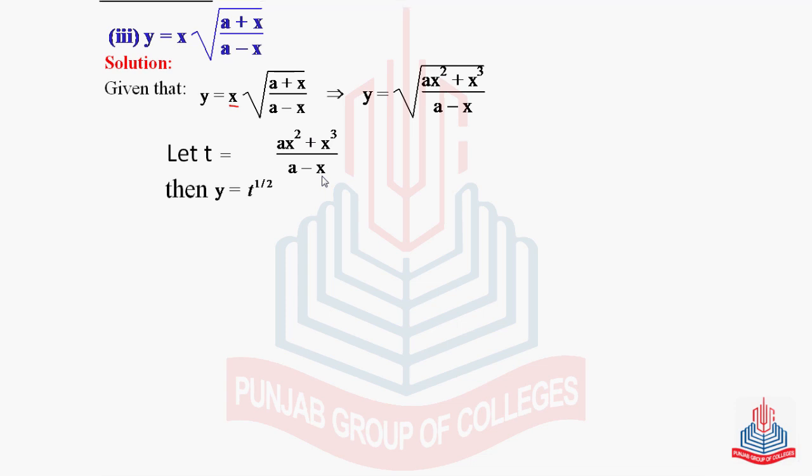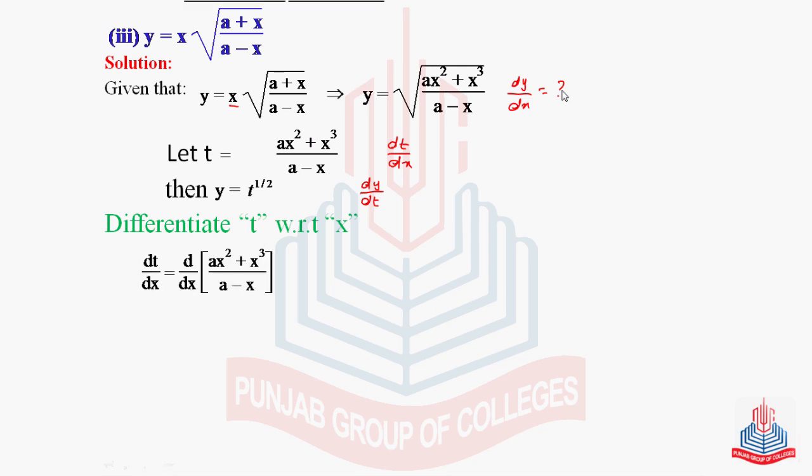Now first we differentiate t with respect to x. From here we have to calculate dt by dx, and then we will calculate dy by dt, and by joining these two derivatives by using chain rule, we will calculate dy by dx, which is our required result.